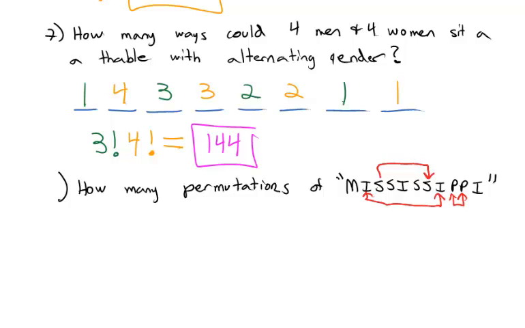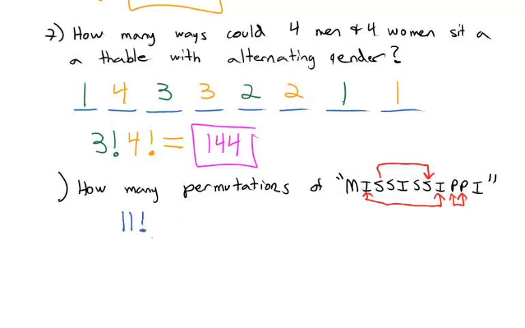So what we have to do is get rid of the repeats. And the way we get rid of the repeats is we are going to, similar to the permutation formula, divide out the repeats. So if this was a normal word with all unique letters, Mississippi has 1, 2, 3, 4, 5, 6, 7, 8, 9, 10, 11 letters.